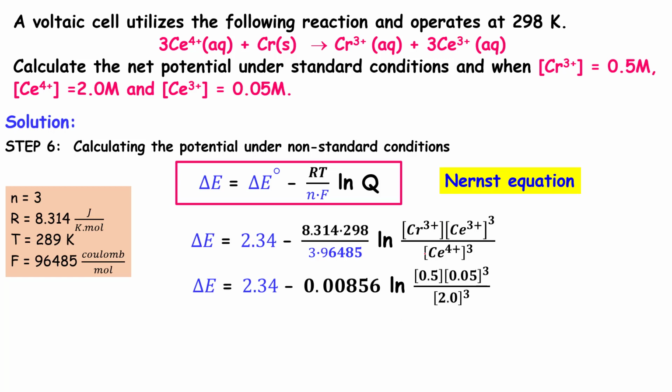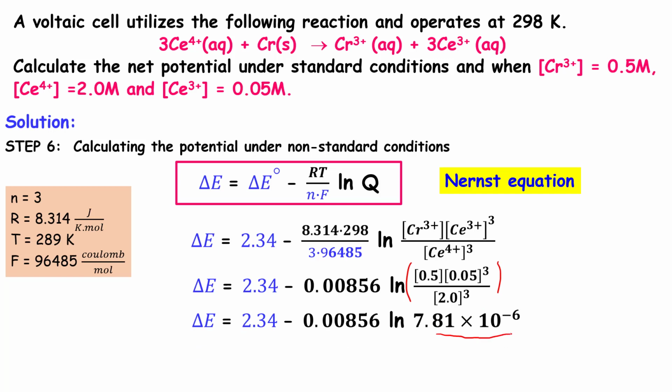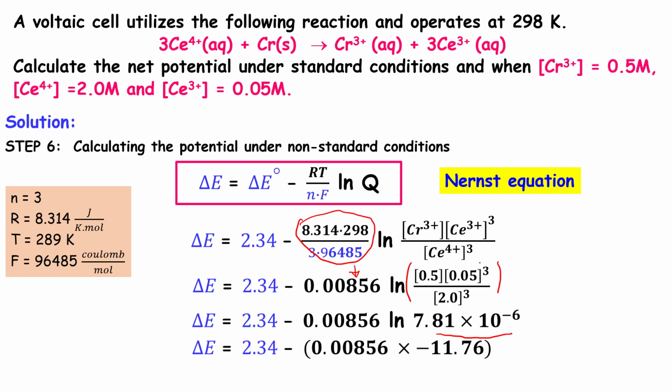So we just put this fraction in the calculator and see what we get. When you put it in your calculator, this fraction is going to come out to be 7.81 times 10 to the negative 6. This fraction over here is going to simplify to this value over here, 0.00856. And we take the ln of 7.81 times 10 to the negative 6. If you take the ln of that, it is going to come out to be negative 11.76.